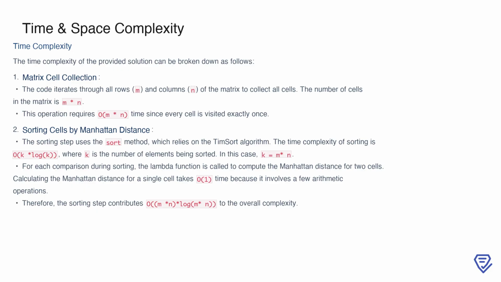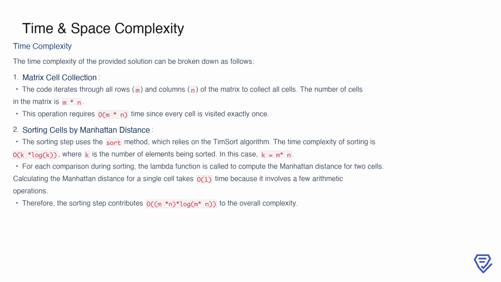Next, the algorithm sorts these cells based on their Manhattan distance. The sorting step relies on the timsort algorithm, which has a time complexity of O(k * log k), where k is the number of elements being sorted. In this case, k is equal to the total number of cells, or m * n. Additionally, during the sorting process, a lambda function computes the Manhattan distance for each cell comparison.